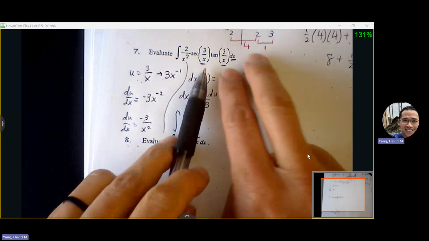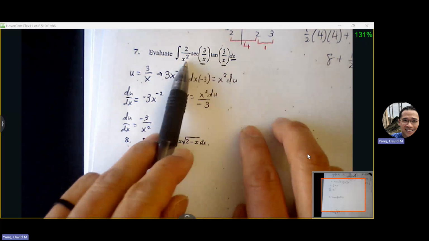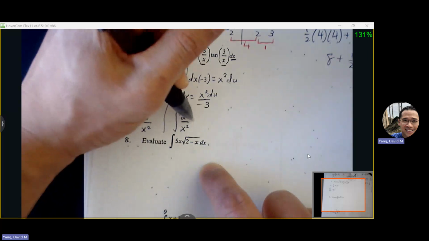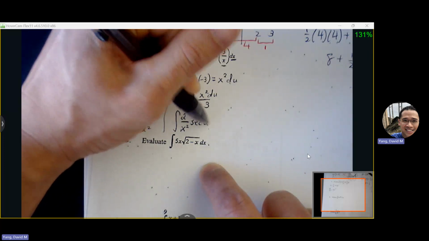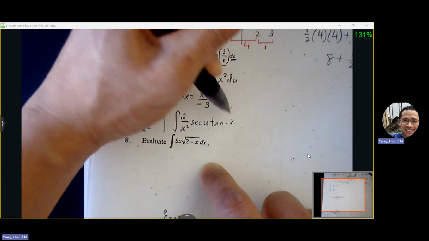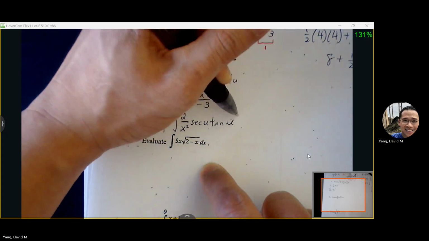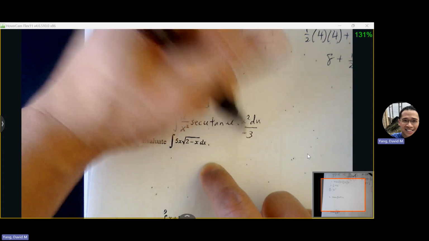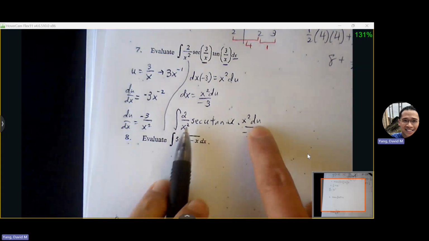Remember, you're only replacing what you've underlined. Everything else, you want to make sure you keep in your problem. So 2 over x squared, secant of u, tangent of u, and then x squared du over -3. The x squared cancels out.